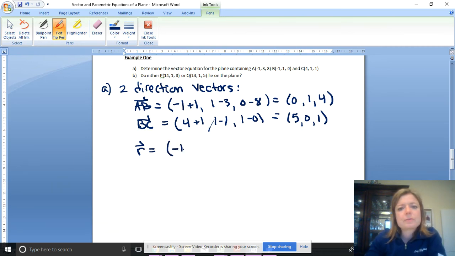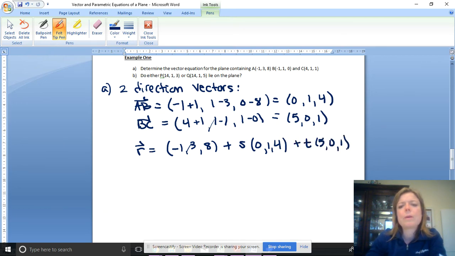So I just use the first one, doesn't matter, -1, 3, 8. That's a known coordinate. And then I set up my parameters S and T and use my 2 direction vectors. So 0, 1, 4 times S plus T times 5, 0, 1. And then S and T are in the set of all real numbers. Again, this is to communicate that S and T are scalars.